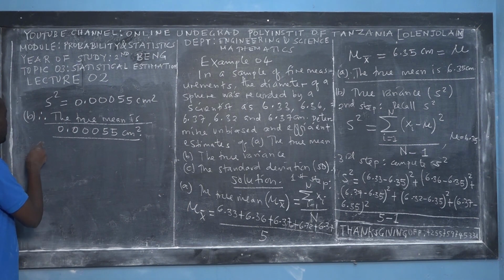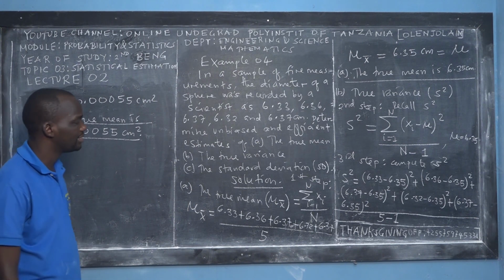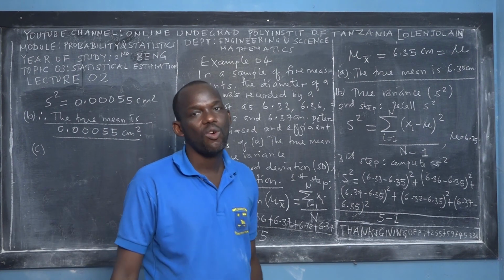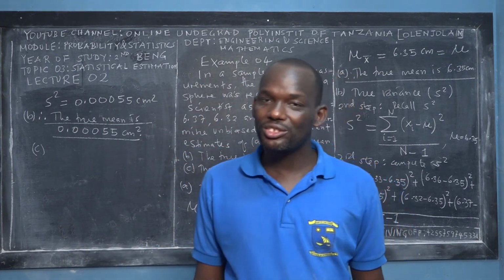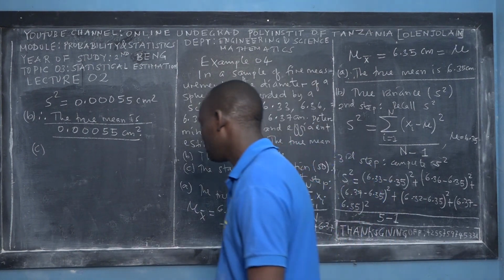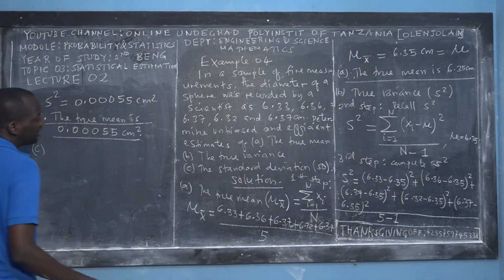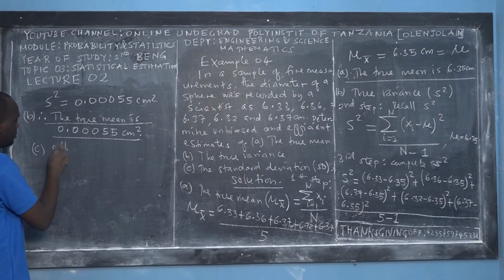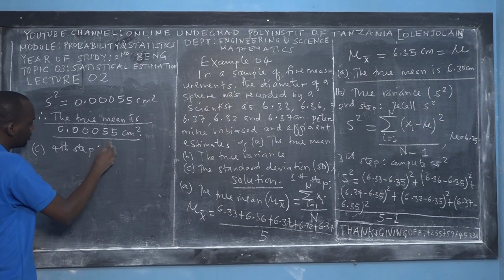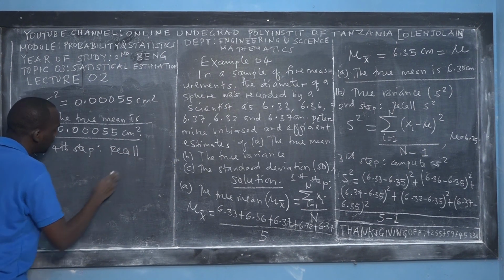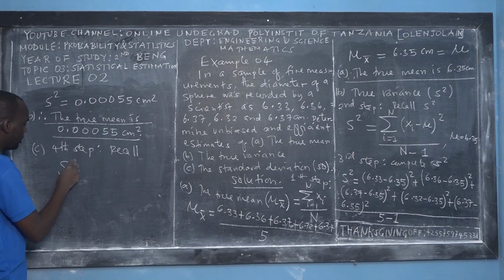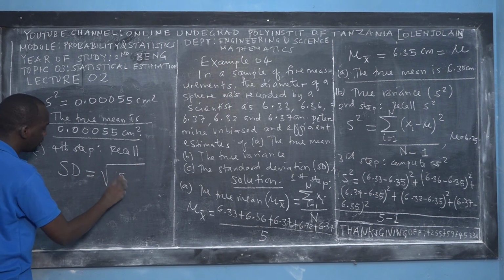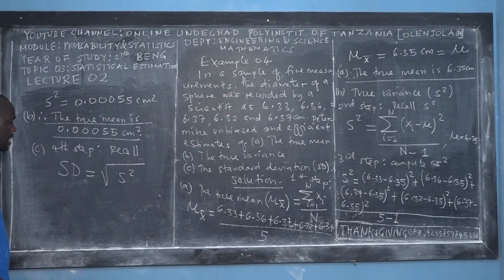So you go for part C. The question asks for the standard deviation, or we can call it the true standard deviation. So for part C, the first step is to call the formula. The standard deviation required here is equal to the square root of the statistical variance.